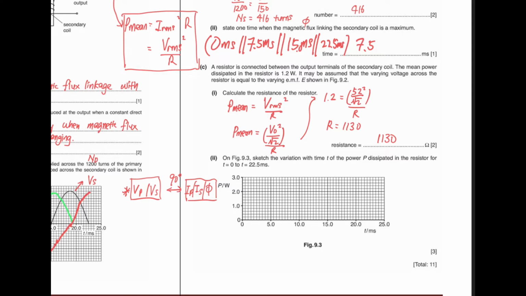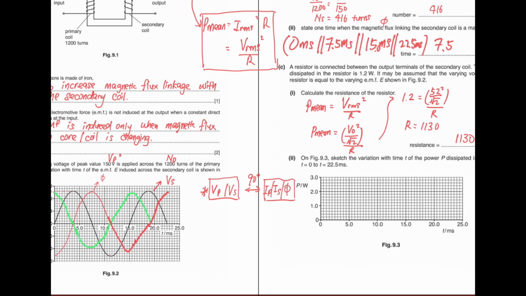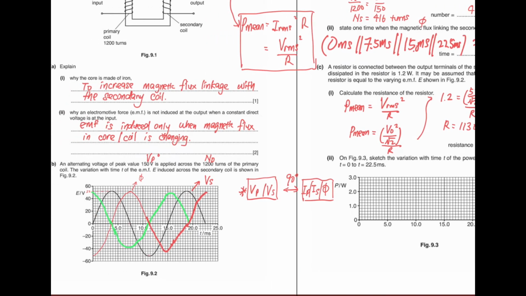Okay, so as you can see, the power dissipated is affected by the root mean square voltage, or the V naught squared. If you look at this graph again, the black color graph is the output voltage. So the output voltage will affect the mean power.